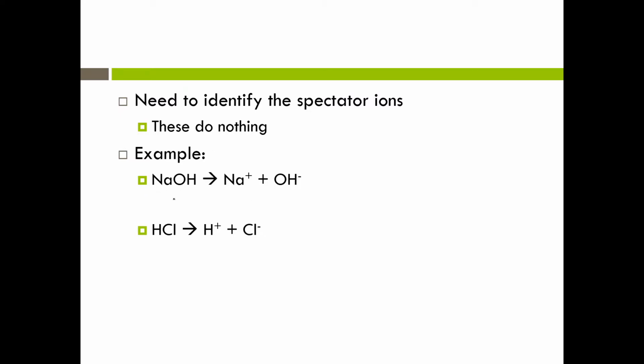So these are both strong. This is a strong base, and this is a strong acid. And as we know, strong acids and strong bases will create basic and acidic solutions. So here, this does not react with water.